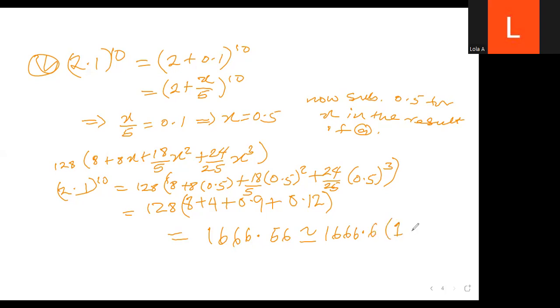That's to 1 decimal place. So hurry up, we just have 2 minutes left. After which you will now try to input it into your calculator straight away, 2.1 raised to the power of 10, and see what the outcome will be.